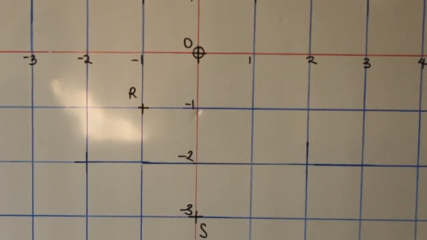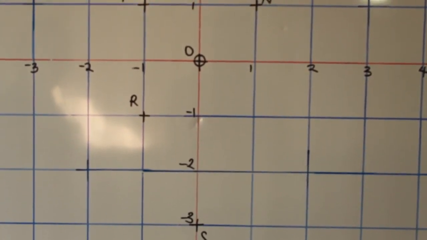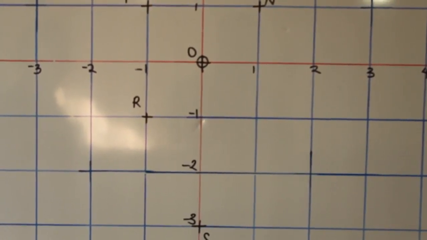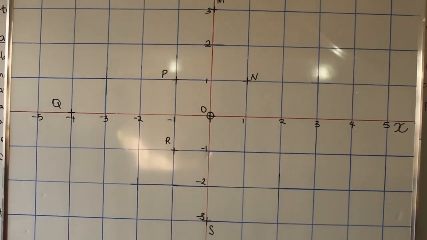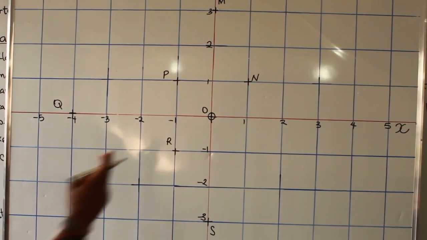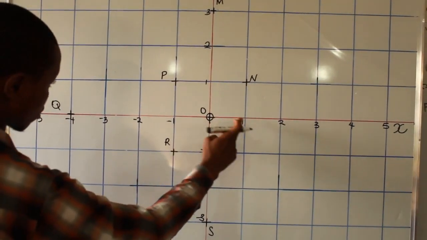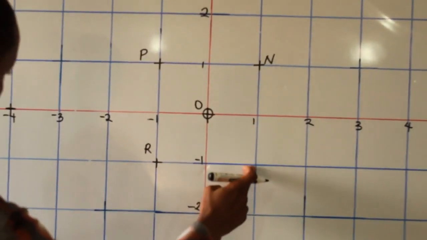The next point is our point T. (1, -1). From the origin, 1, minus 1.